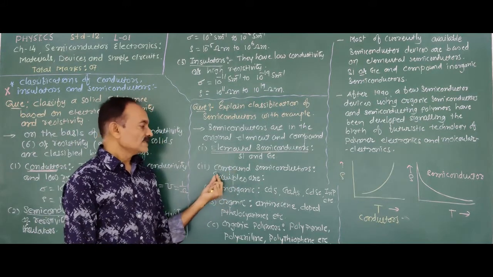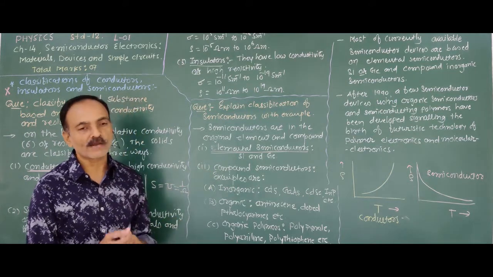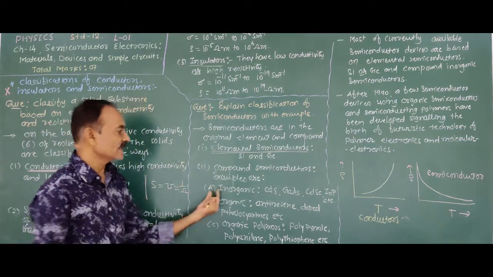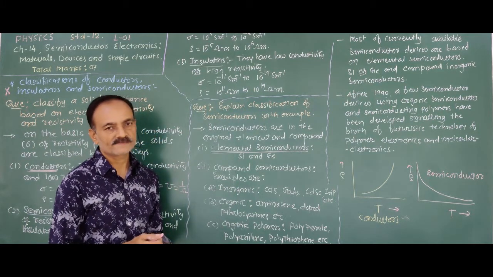Next is the compound semiconductor. Compound semiconductors are of two kinds. First is the inorganic compound semiconductor.